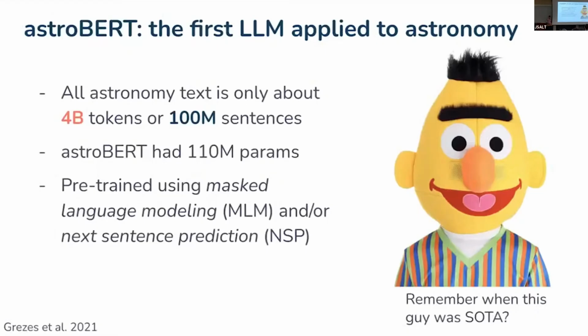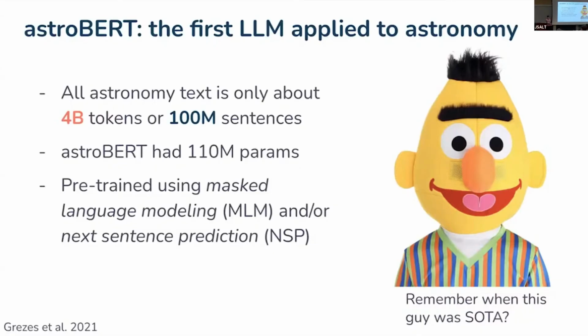Way back in 2021, the NASA ADS team decided to fine-tune a BERT-like model, a bidirectional transformer model, and apply that to astronomy. Now, BERT doesn't do next token prediction. It does masked language modeling training, and can also be optimized for next sentence prediction.